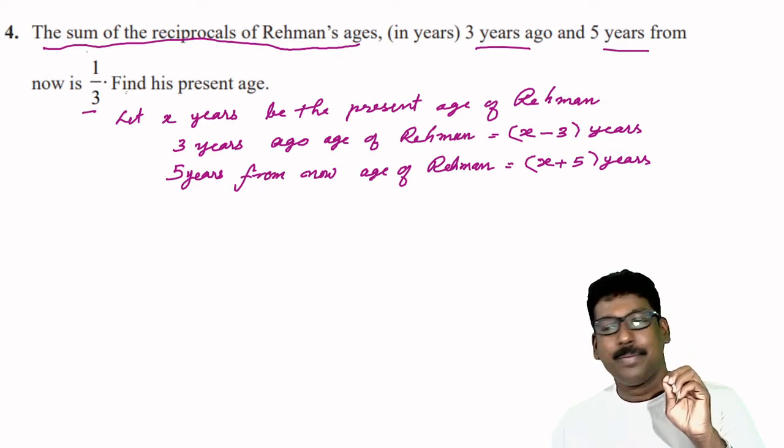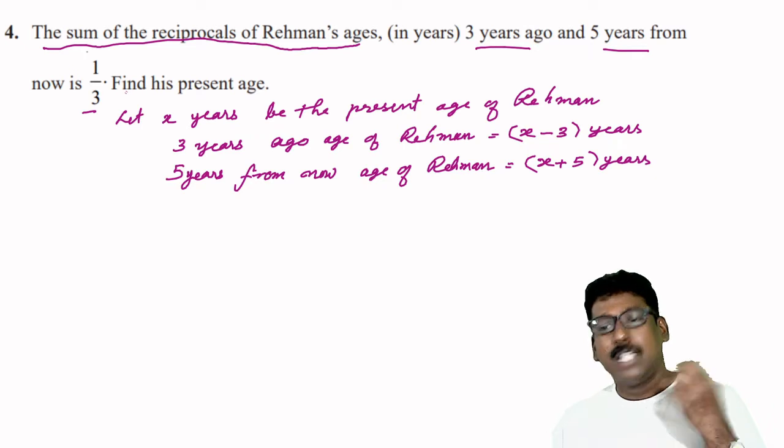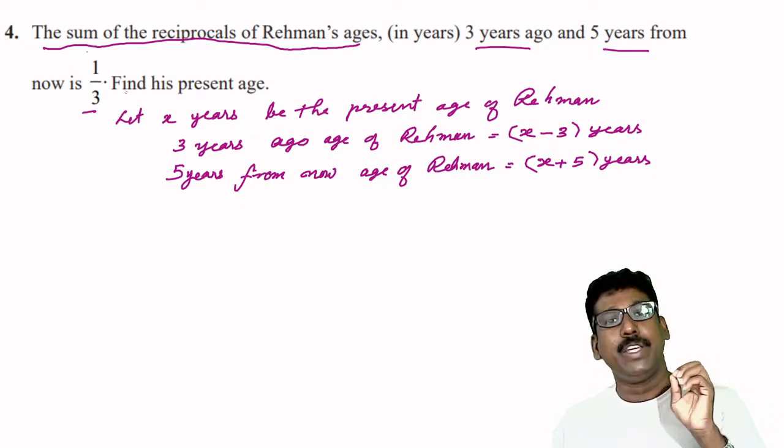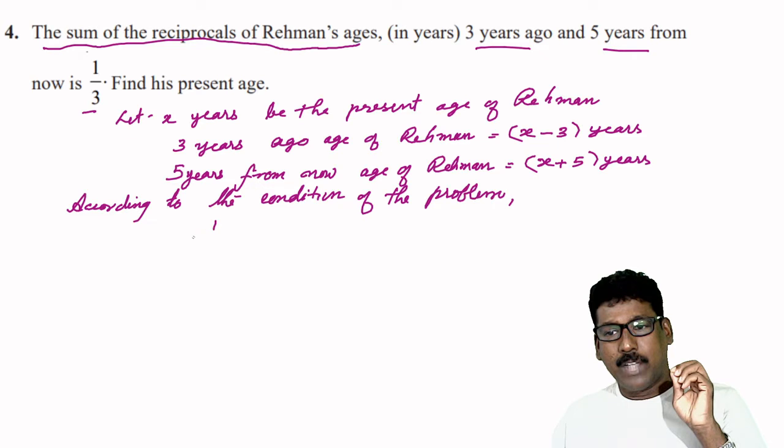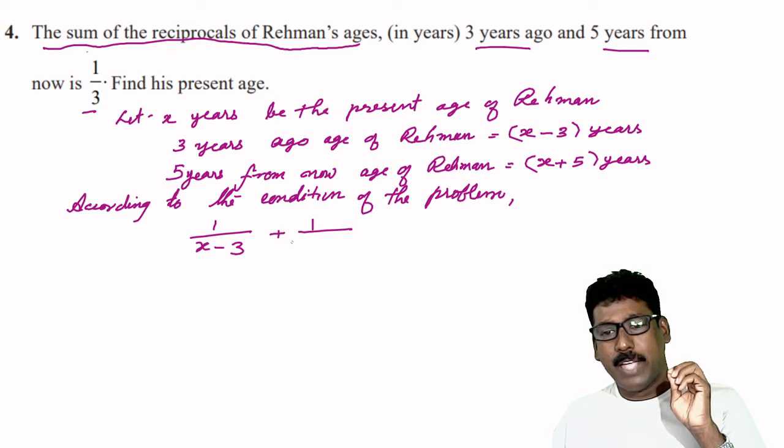That means the sum of reciprocals of x minus 3 and x plus 5 will be 1 by 3. So, according to the condition of the problem, 1 by x minus 3 plus 1 by x plus 5 is equal to 1 by 3.